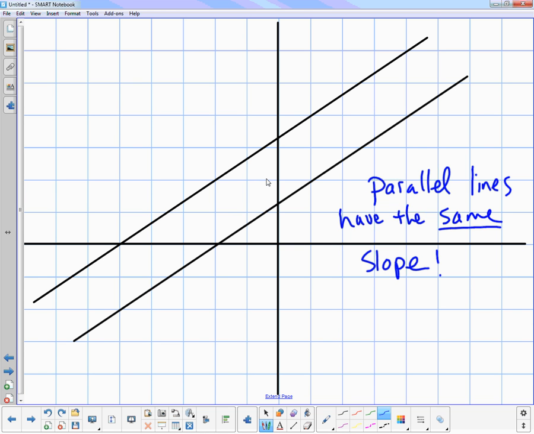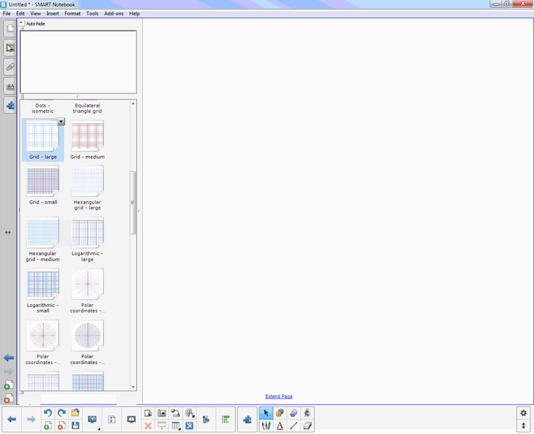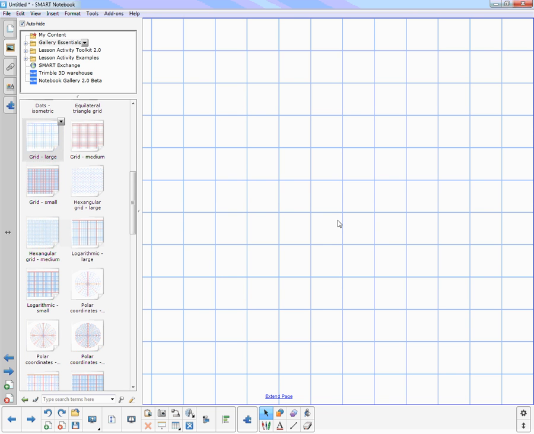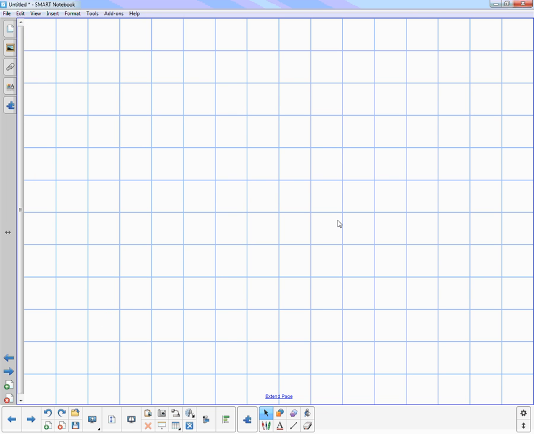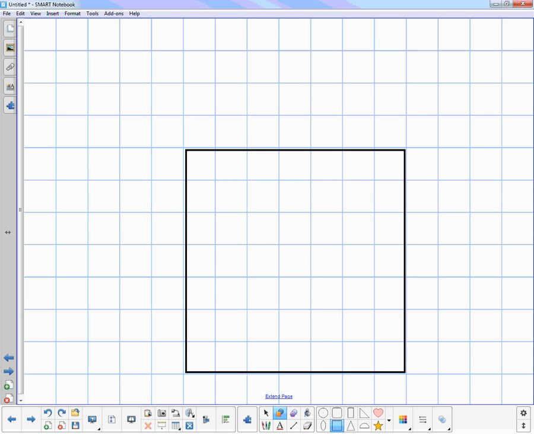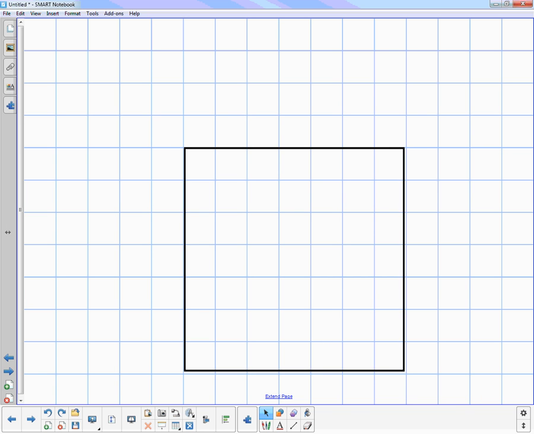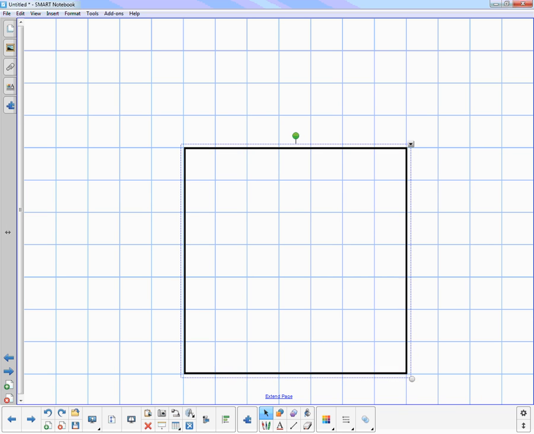Now, if I wanted perpendicular lines, lines that met at a 90-degree angle to each other, we got something else going on. So let's try this. Let's see if you guys can figure this one out without me. All right, I'm going to take a square, because we all know a square has right angles in it, right? The sides of a square are going to be perpendicular to each other. We agree? Yes?